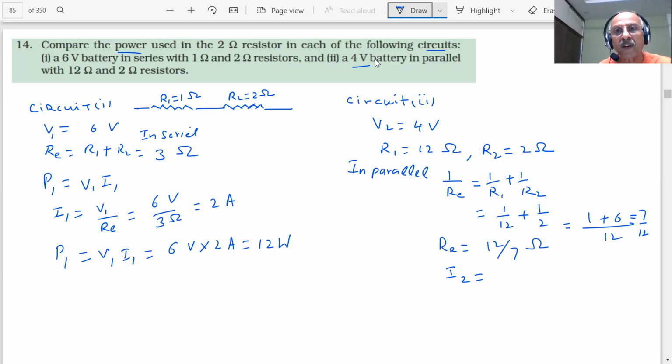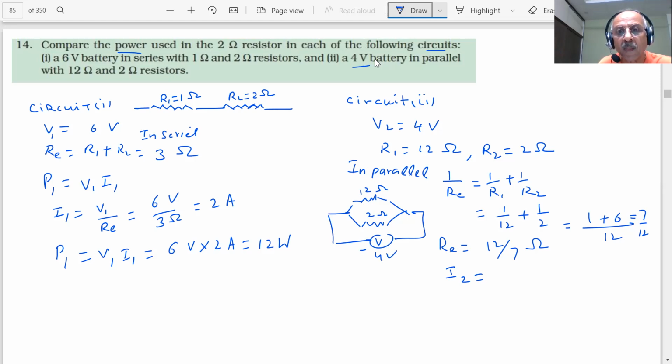The current will get 4 volt battery in parallel with 12 ohm and 2 ohm resistors. Important point. This is 12 ohm and 2 ohm. The current gets divided, student. Potential difference is same, 4 volt.